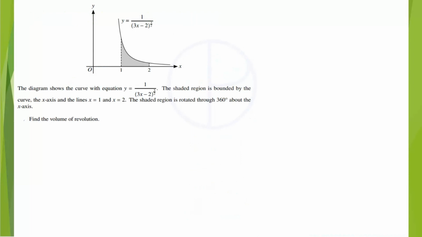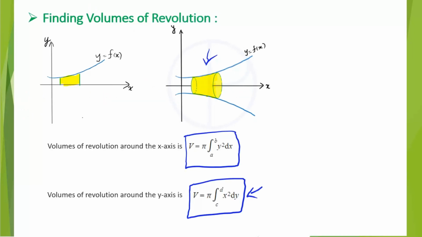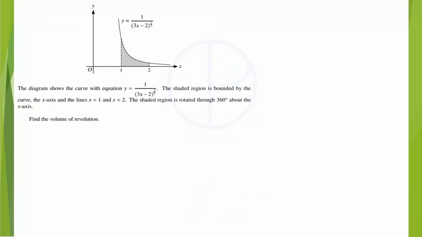The next question. This is an example for finding the volume of revolution, and this one is from paper 11 ON 2021, question 10.